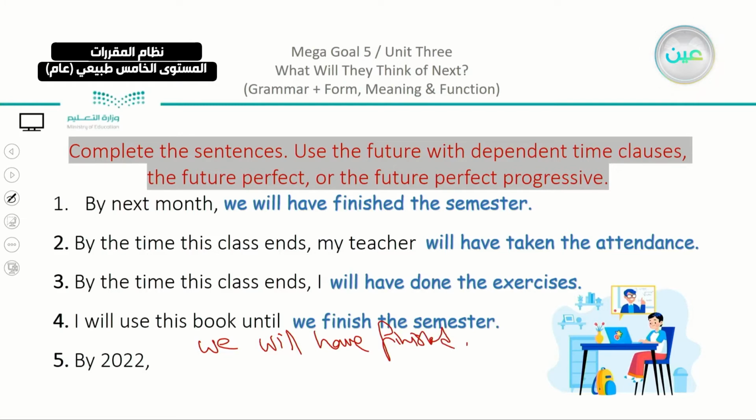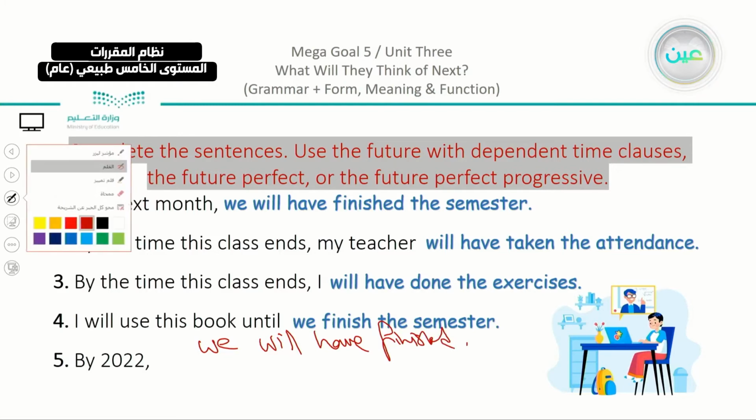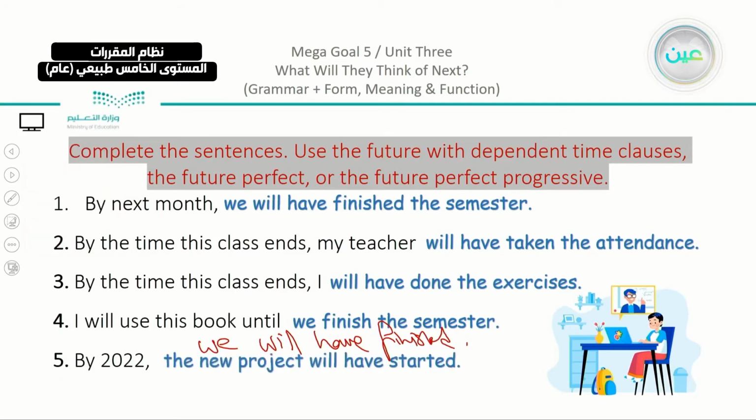And we have here by 2022. Also, we can choose here and say the new project will have started. So note that all of them are the same way that we applied the perfect, either progressive or simple.